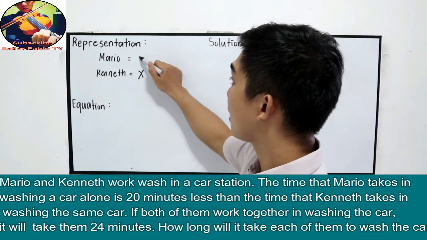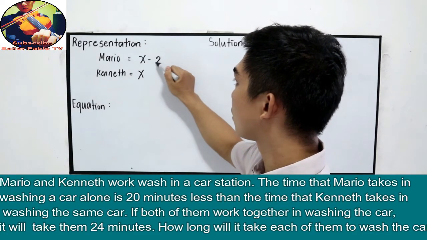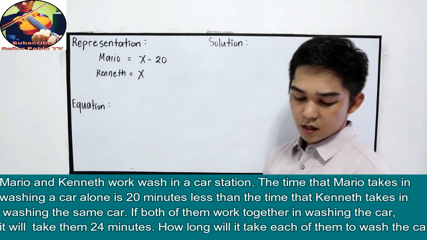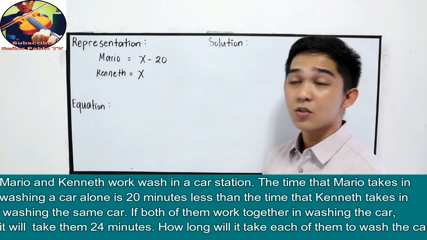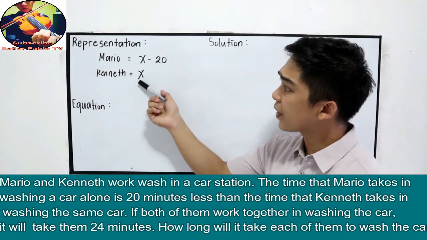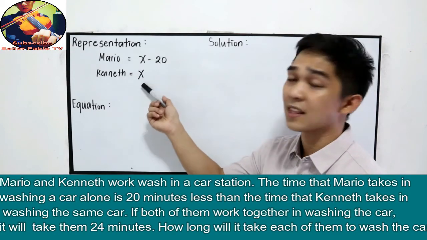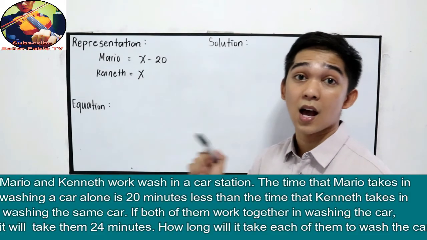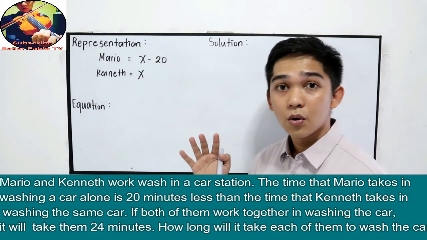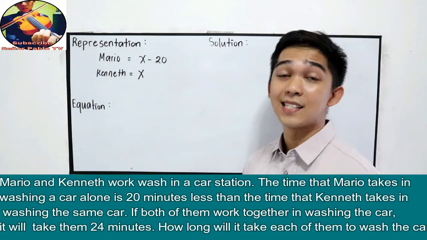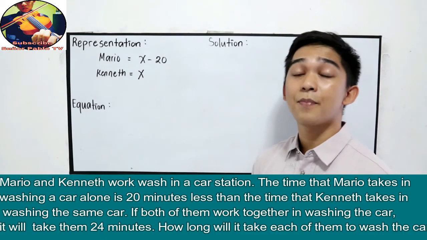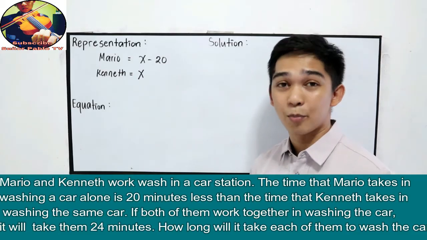So, X minus 20. Hahanapin natin kung ilang minutes kayang tapusin ni Kenneth na mag-isa, at ilang minutes kayang tapusin ni Mario mag-isa, yung isang kotse kapag lilinisin nila. Nasa condition natin, kapag nagsama sila parehas, 24 minutes sila matatapos.